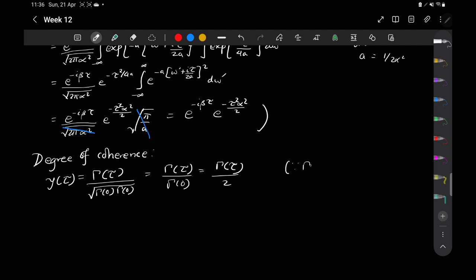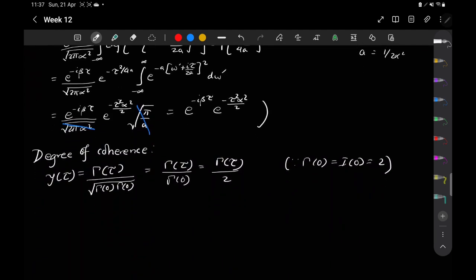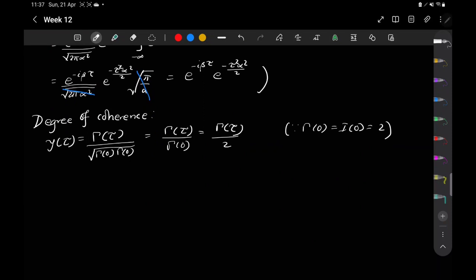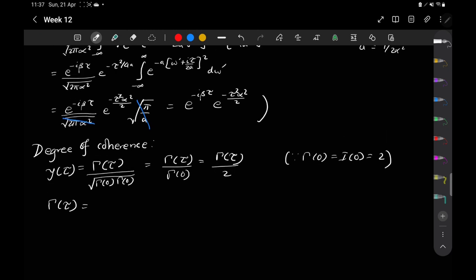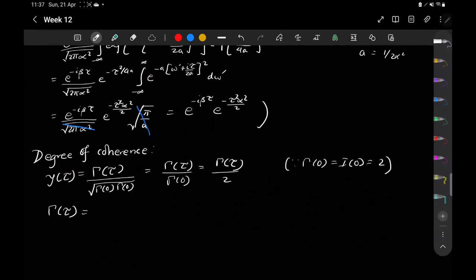This is because gamma of 0 is 2. Why 2? Because you put in 0 for tau here, you get the exponential of 0 is 1, and then here also plus 1, 1 plus 1, 2. And gamma tau from the above page we can just copy and write.